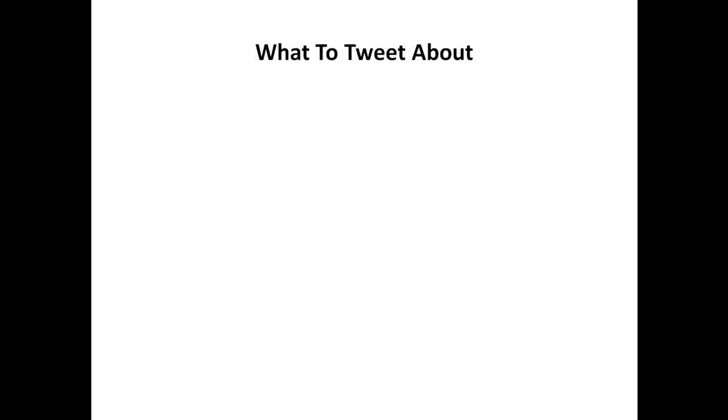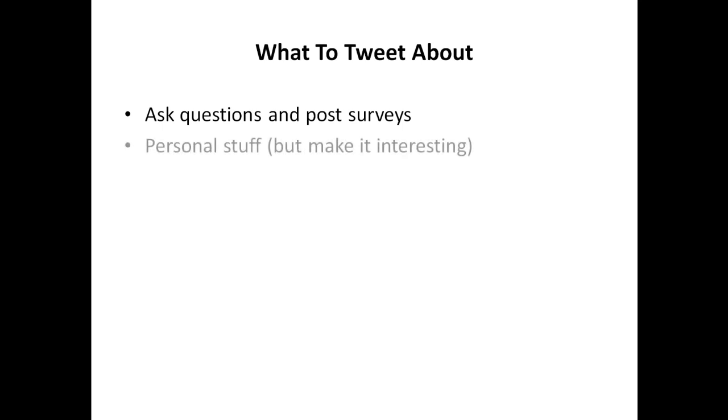What can you tweet about? One of the great things that you can do on Twitter is to ask questions and post surveys that will create interaction with fellow users. You can, of course, post personal information, but make sure it's interesting and not boring. Talk about things that are hot topics, whatever's going on in the news.